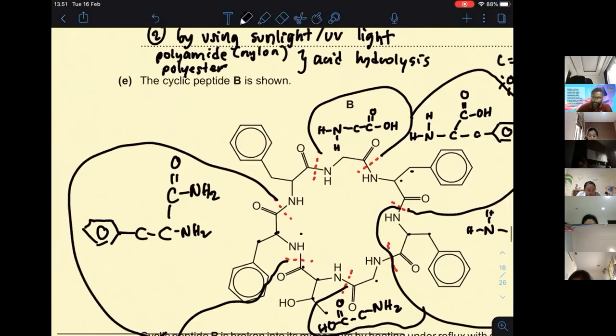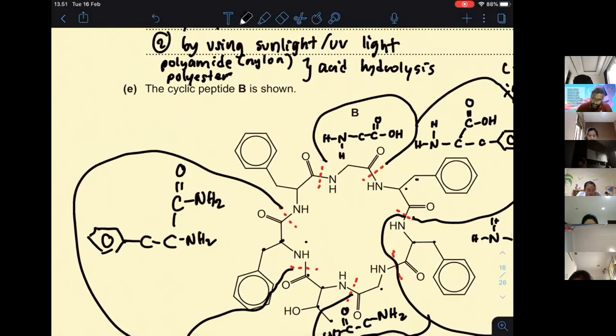For this one, carbon double bond O, OH, then another carbon, NH2, then one carbon, another.